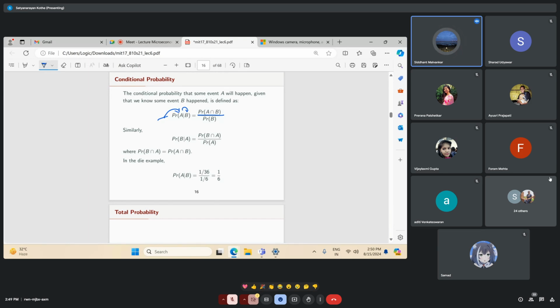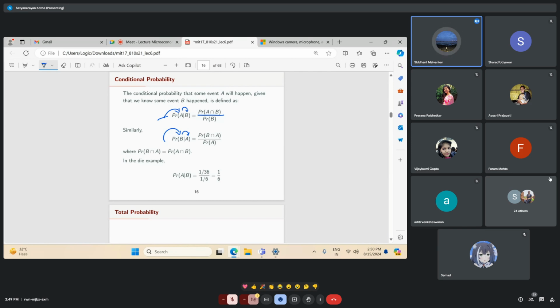Similarly, if we want to find the conditional probability that some event B will happen, given that we know some event A happened earlier, then we find the probability of B given the condition that A has already taken place.